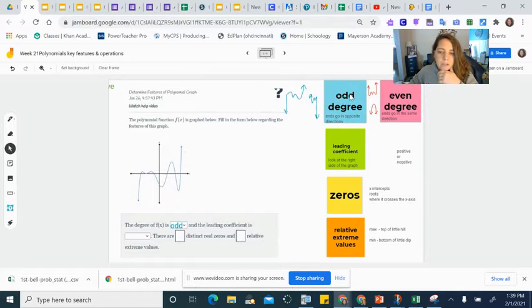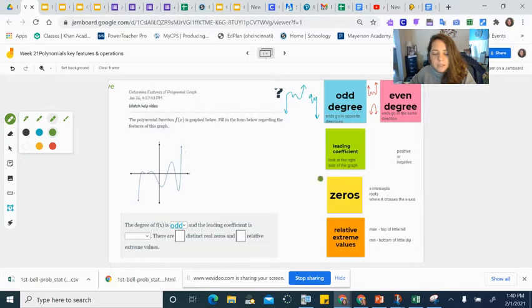Now, when it comes to understanding the leading coefficient, the leading coefficient could be any number, positive or negative. They're not asking what the number is. They're only asking if it's positive or negative in here. When you click on that button, the options are positive or negative. The way that you know that is, for the leading coefficient, look at the right side of the graph.